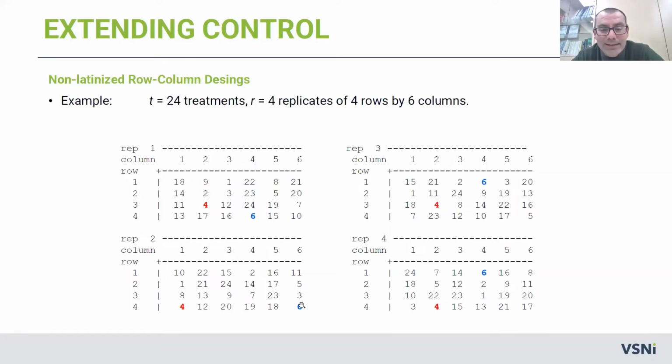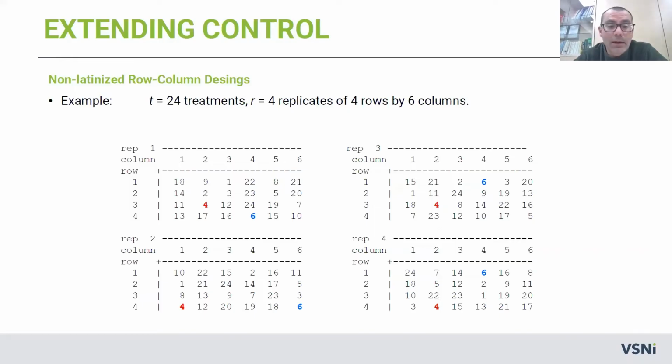And notice that 6 is always on the right of this experiment. So if there is a little bit of a trend in this direction, it will tend to be inflated or deflated by a certain amount. So that might mean, again, I'm not totally happy with this randomization. Do I need to generate one more, and so on?